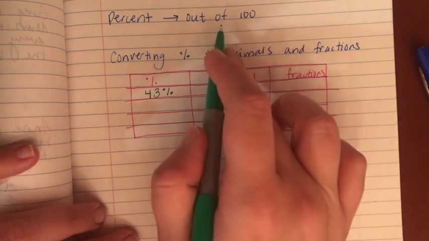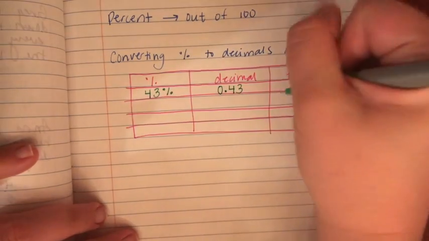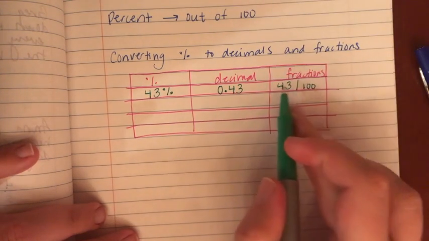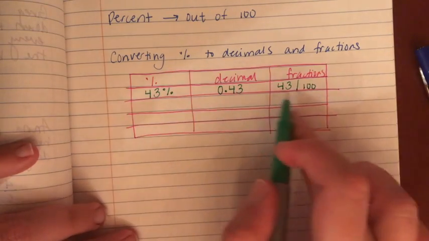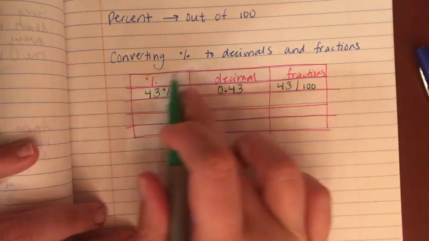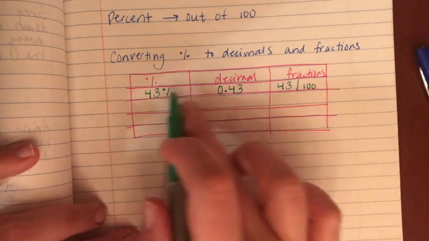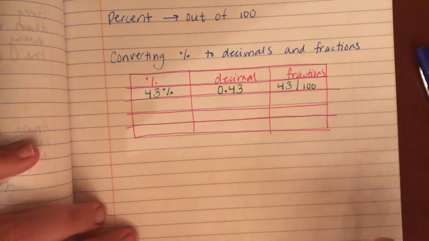So since this means out of 100, to write my fraction, I can literally just write 43 out of 100. So going like this is pretty straightforward, especially since these aren't reduced at all, so it makes it pretty easy.